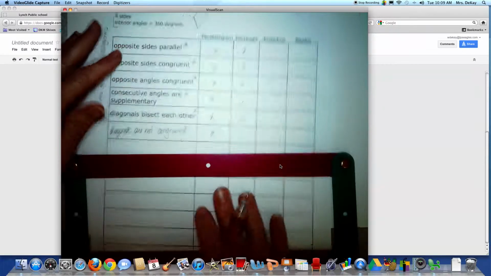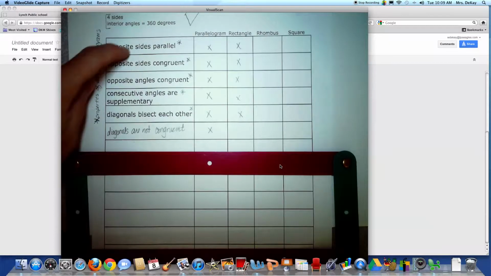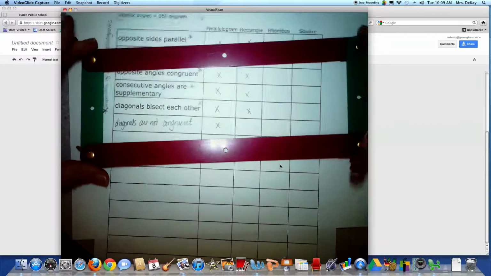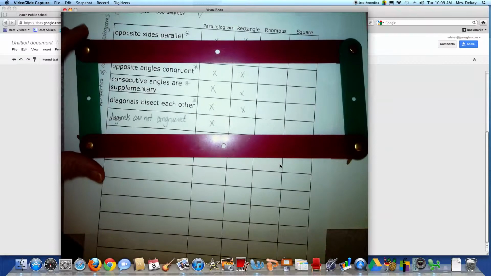So, a rectangle has all of these qualities, except that the diagonals are not congruent. It makes it a parallelogram because it has all of these 5 things. But it's a special parallelogram. Tell me one way that I know this is a rectangle and not a parallelogram.